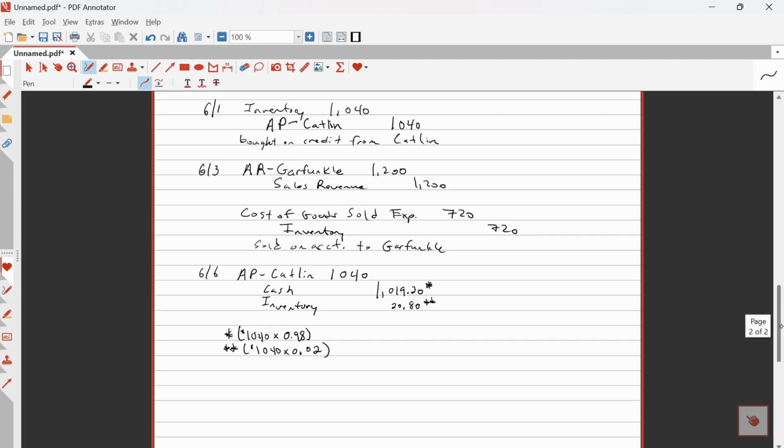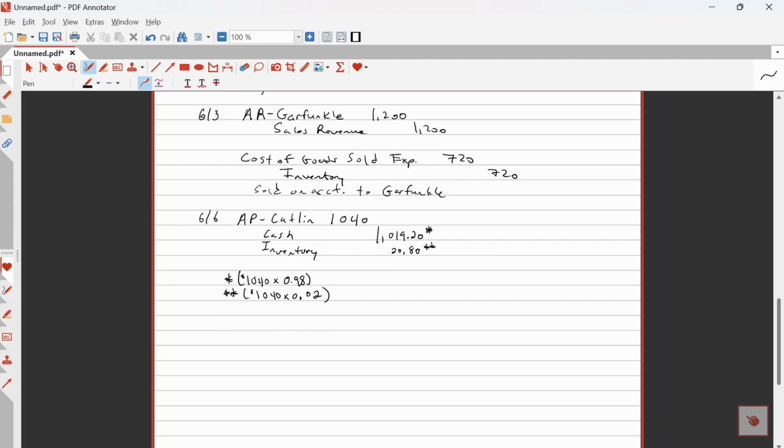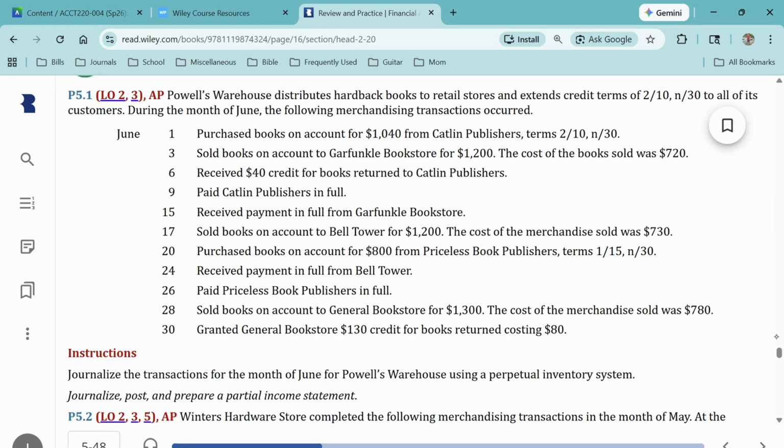All right, there's the supporting calculations for how I got those numbers. And then the 15th.